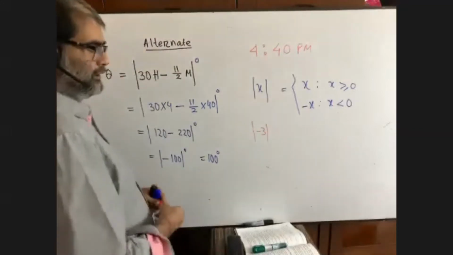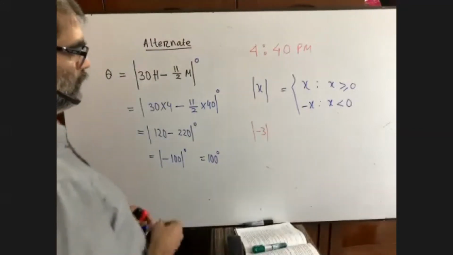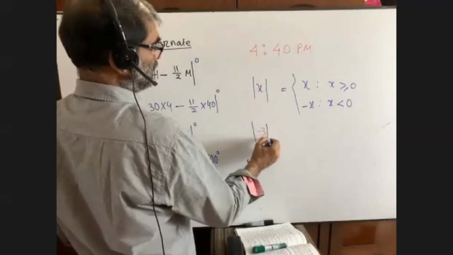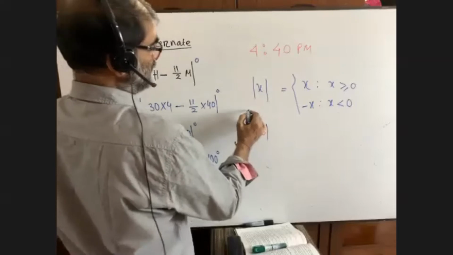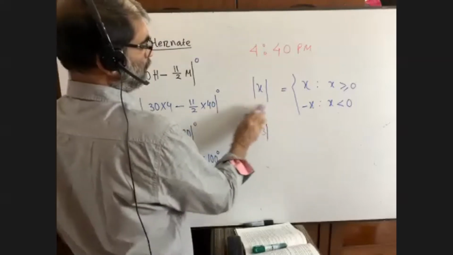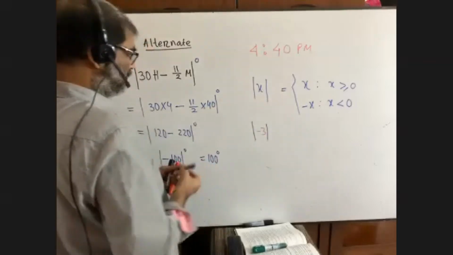Consider it here. What is the value of x? X is minus 3. Write it down. I am going to compare these two.